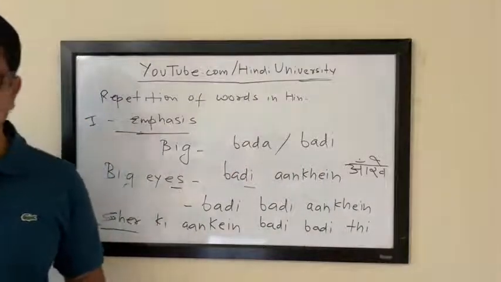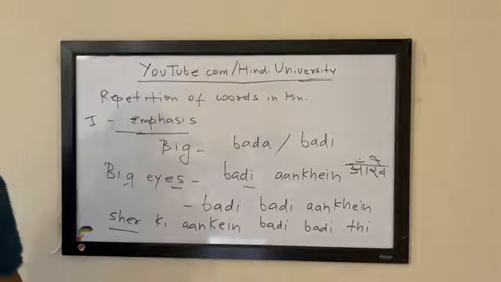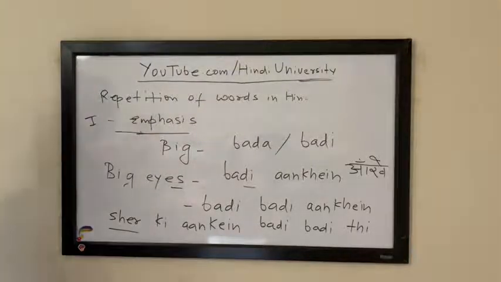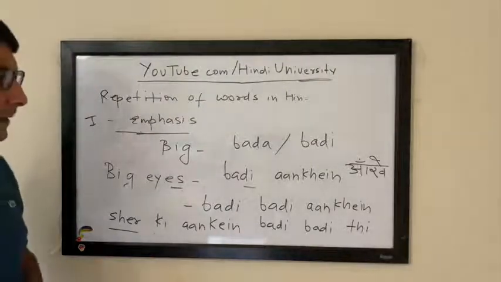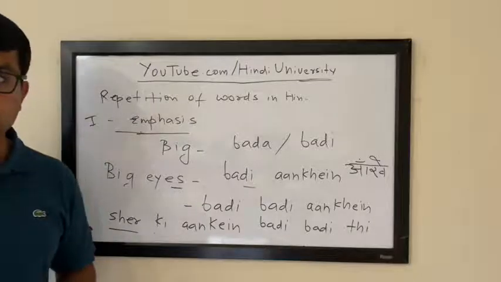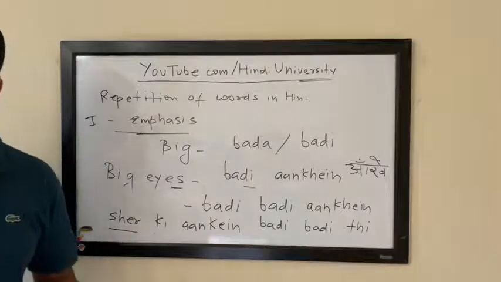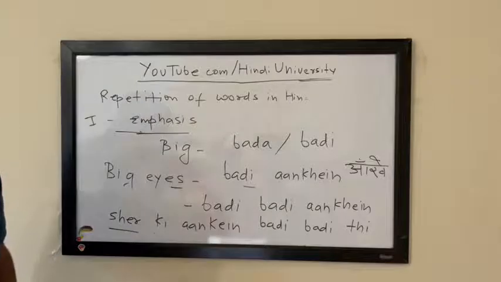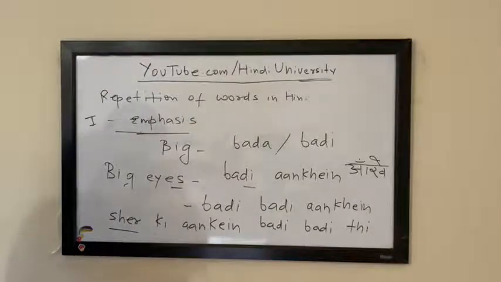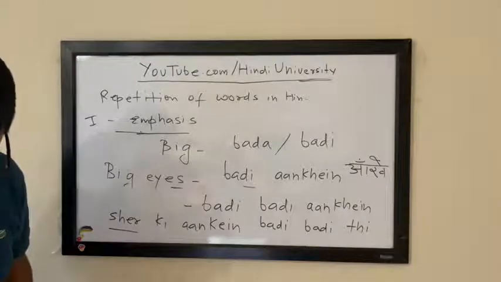His eyes were large. Hopefully it is making sense. So we covered garam garam, which describes the intensity of the hotness, and now we just covered another one, which is badi badi aankhein. Okay, let's do some more.